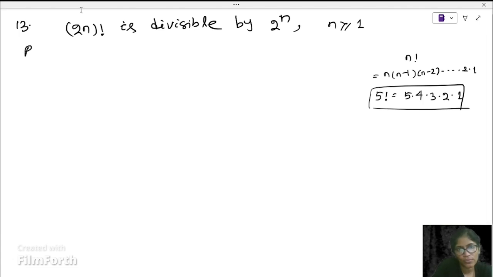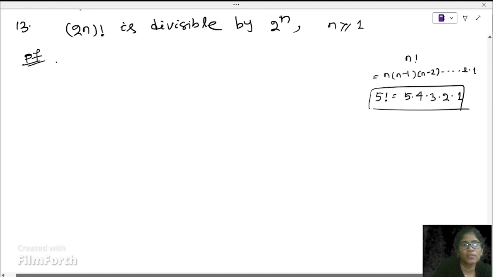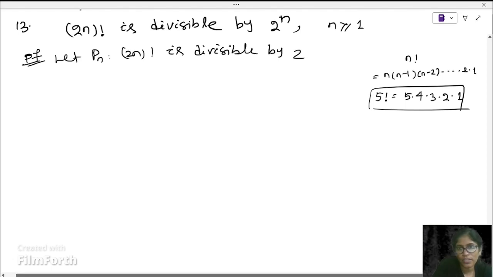Now, let's move on. Let P(n) be such that (2n) factorial is divisible by 2 to the power n. Step 1.